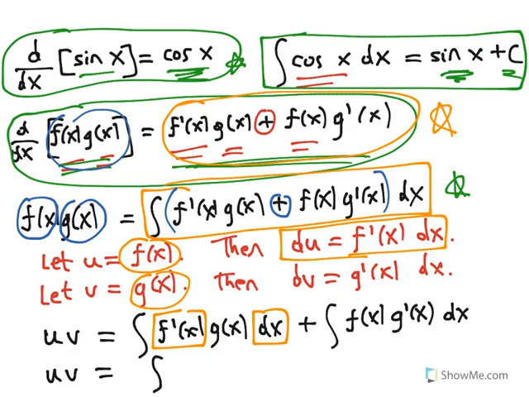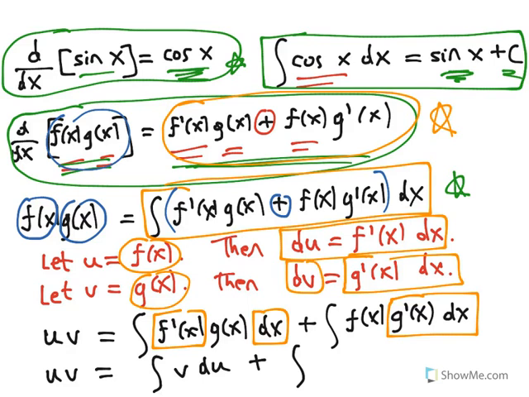So we can write this as the indefinite integral of v du. And then plus, here we have g prime of x dx, and g prime of x dx is dv, and f of x is u. So this will be u dv.